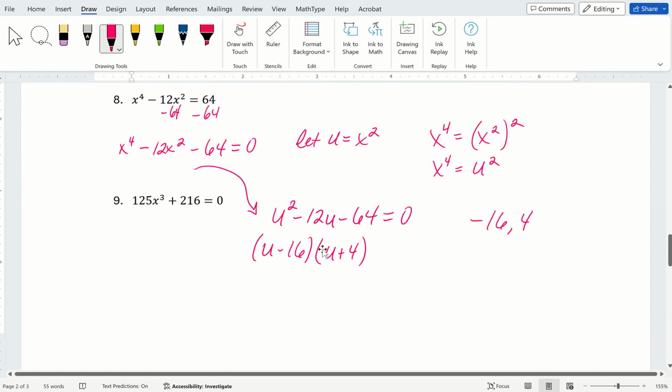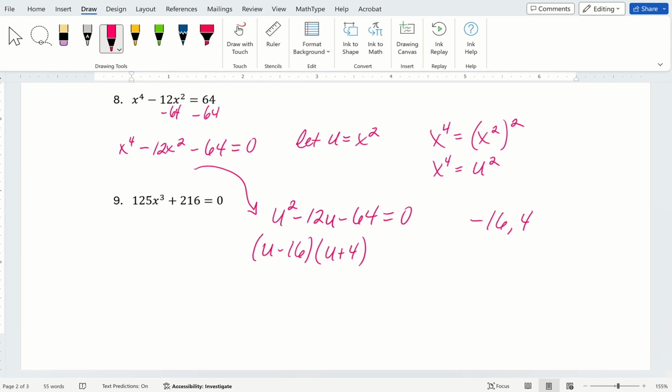Now this is important. I'm not done because u is equal to x squared. So I have to take x squared now and replace u with x squared. So that gives me x squared minus 16 and x squared plus 4. And that's equal to 0.